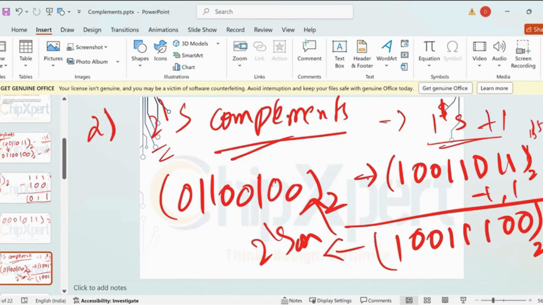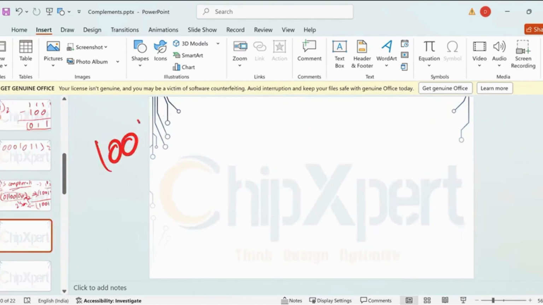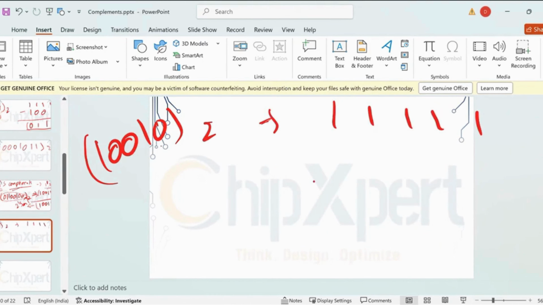So first we subtract this number from all ones, and then I will get this number. For this result, if we add 1, it will become the 2's complement. Suppose 1 0 0 1 0. This is my binary number. How do I find its 2's complement? First, I'll subtract this number from all ones.